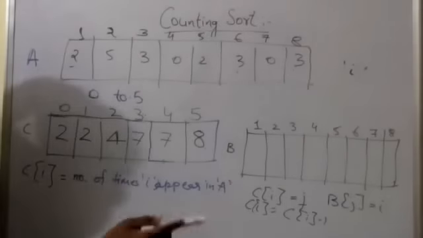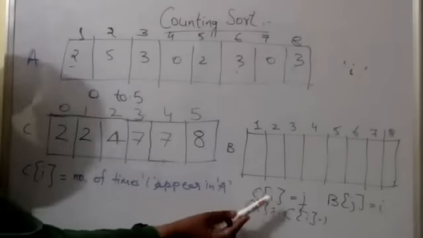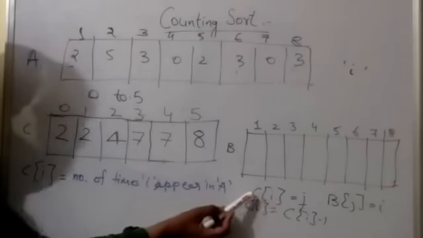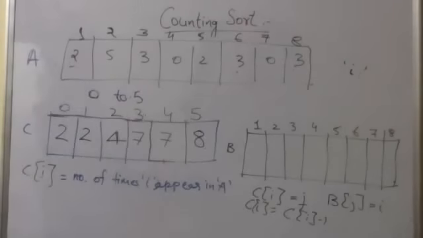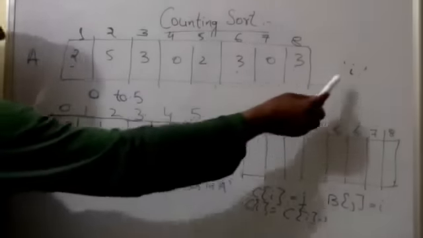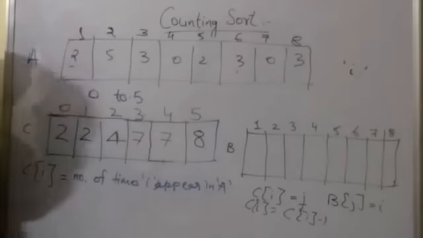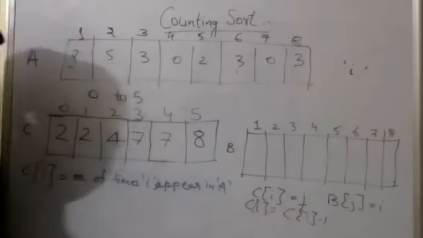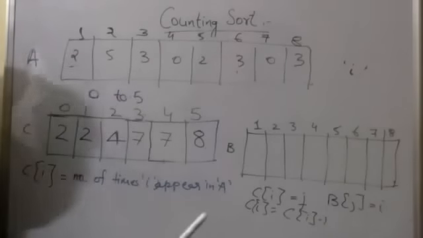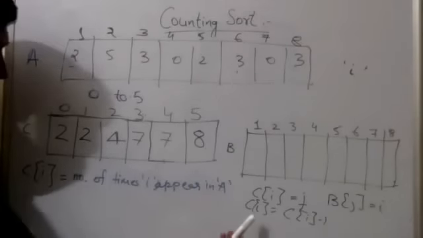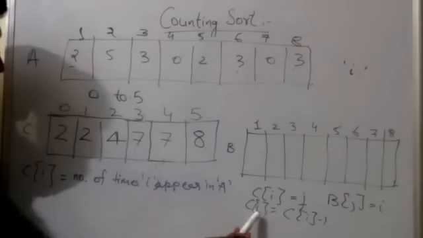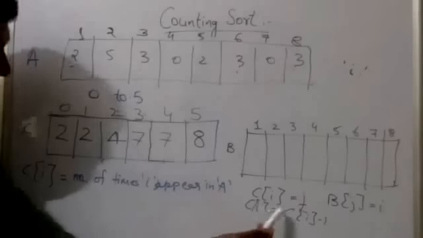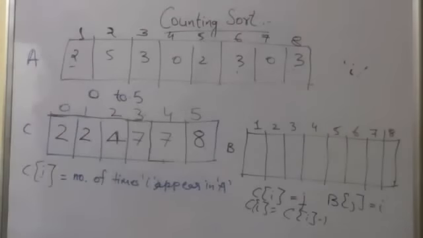We will access the value stored at index I in array C. Suppose that value is J. Then we will store the element I at index J in array B. And after this, we will decrease the value stored at index I in array C by 1. Right? Now see how it happens.